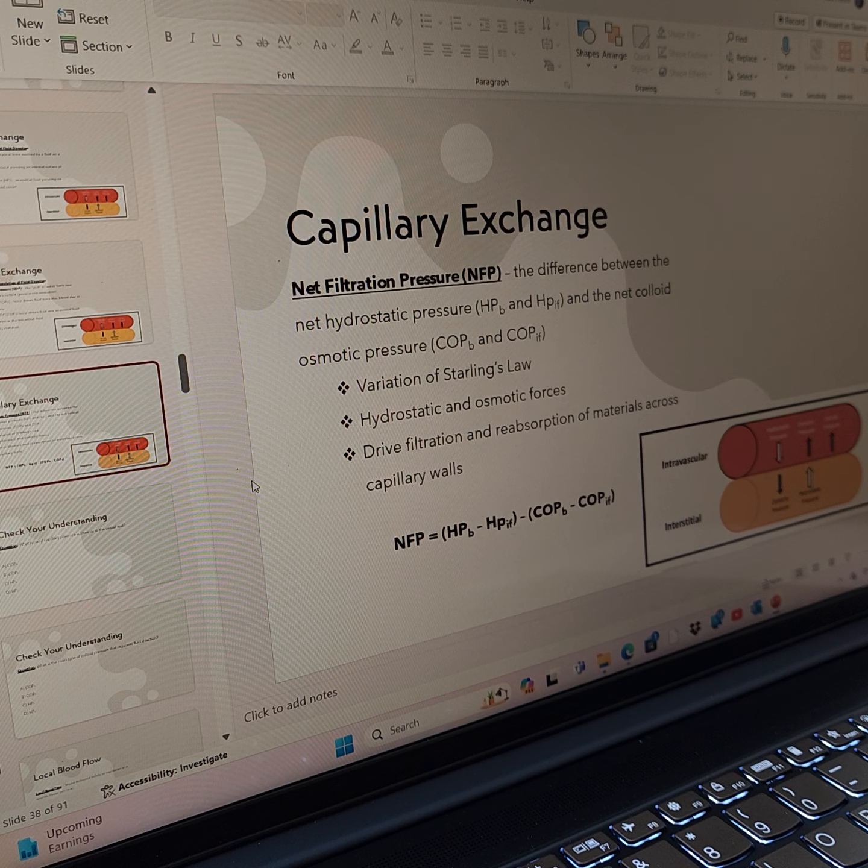So you'll see this equation as NFP, net filtration pressure, equals HPB minus HPIF, close parentheses, minus COPB minus COPIF, close parentheses.